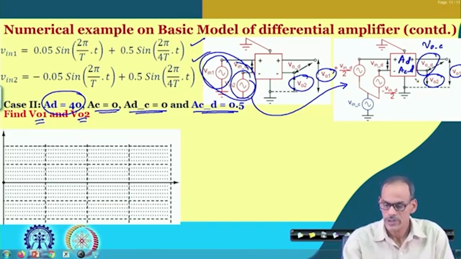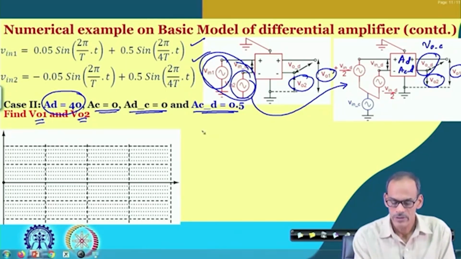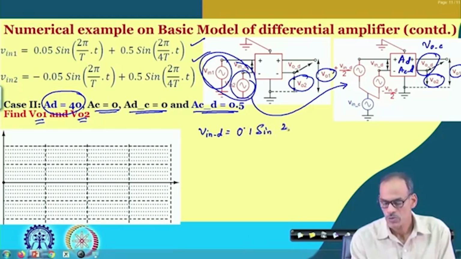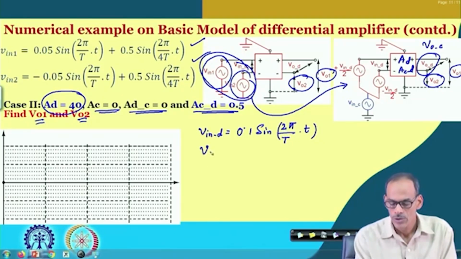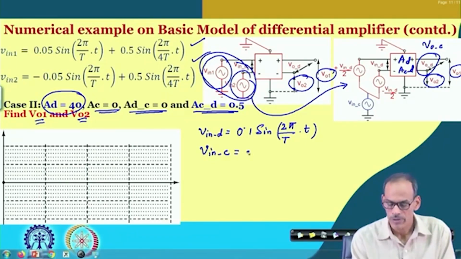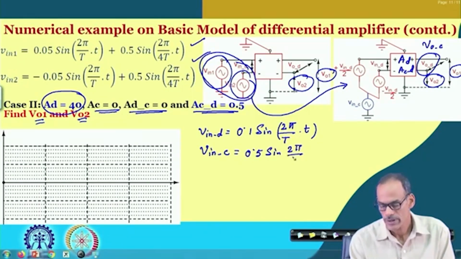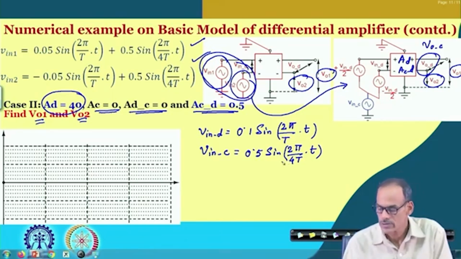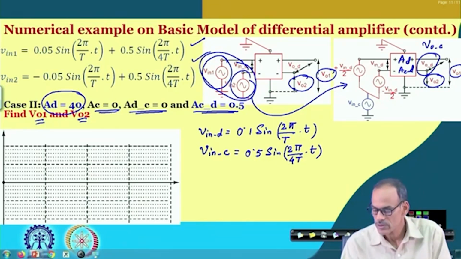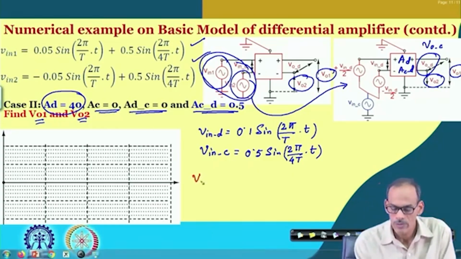So, probably we can say that Vin D equals 0.1 sin 2 pi by capital T into small t, Vin C equals 0.5 sin 2 pi by 4 capital T into small t, and from this we can calculate the corresponding VOD.